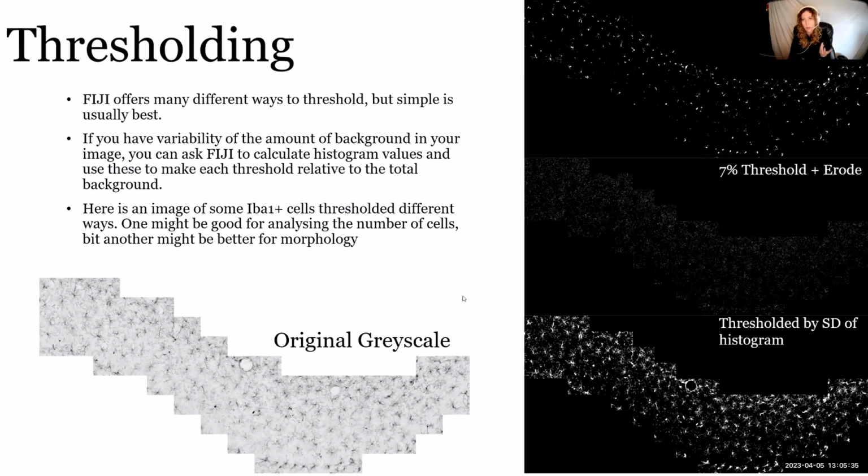There are different ways of thresholding that are valid depending on what you're looking at. If you were interested in counting cell bodies and didn't care about the processes, something closer to the 1% threshold might be appropriate. But if you're hoping to look at cell morphology on a large scale, then maybe something where you can actually see the processes would be good.